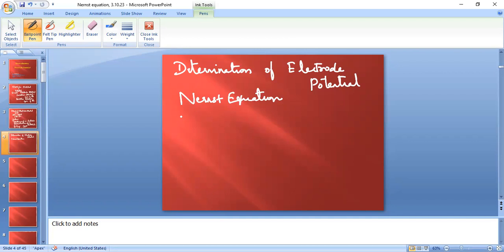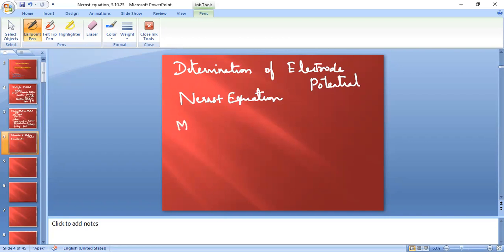Now, consider a reduction reaction. All of you know what we mean by a reduction reaction. It is nothing but acceptance of electrons, otherwise gain of electrons. Again, all of us know that ions can only gain or accept electrons.